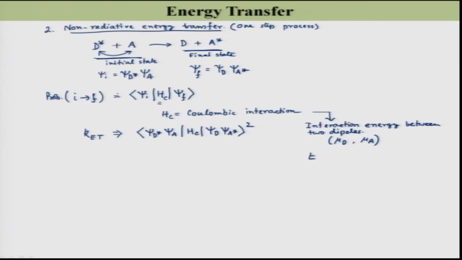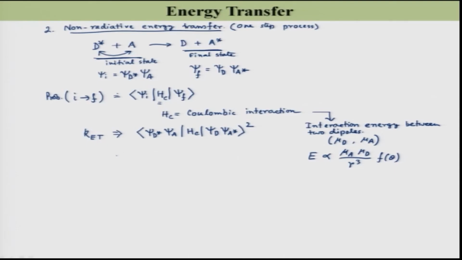So, that is proportional to μ_A μ_D by r cubed, and one factor f(θ), which tells me about the relative orientation of these two dipoles. So, it will have such a form.